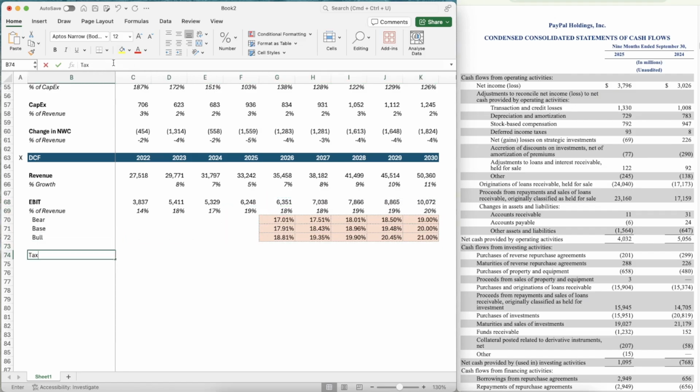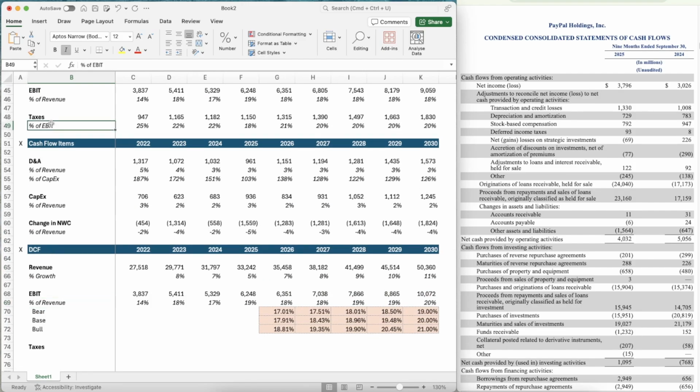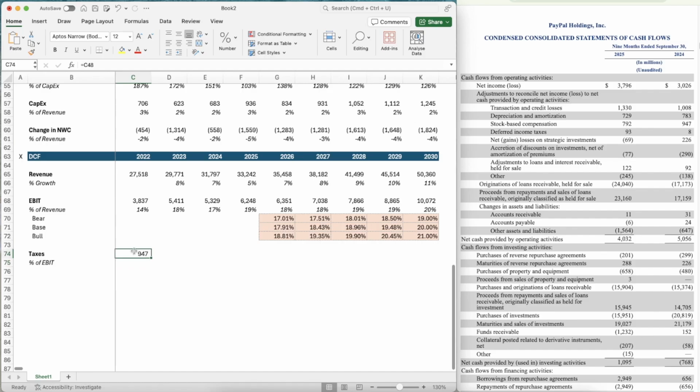For the taxes, we want the percentage of EBIT, but we want to make it equal to what we have up here. And then pull that, but only up to 25.